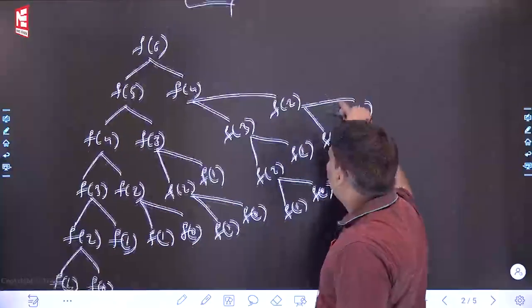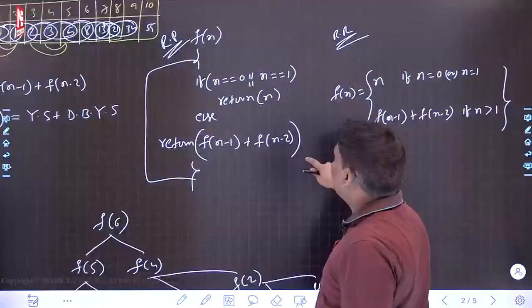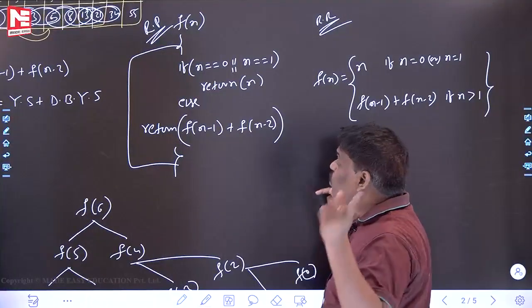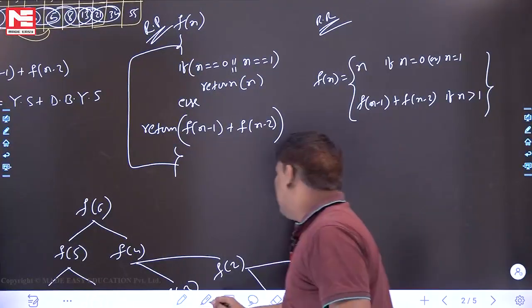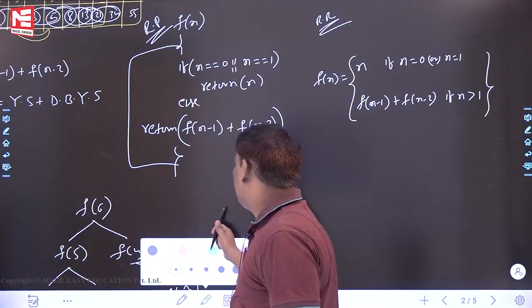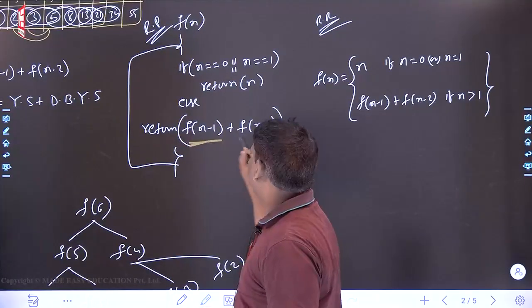See this one. In the previous program, if you observe, a unary tree was coming, now a binary tree is coming. What is the reason? See the reason: here there are 2 function calls.